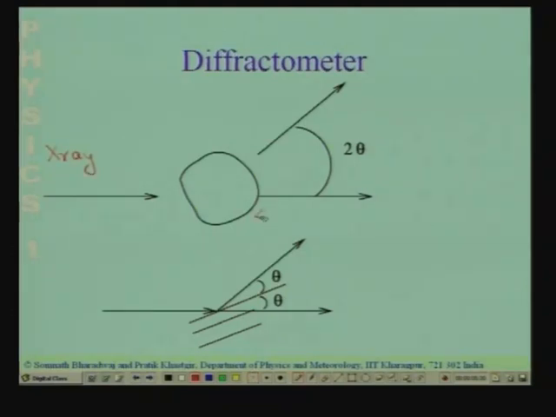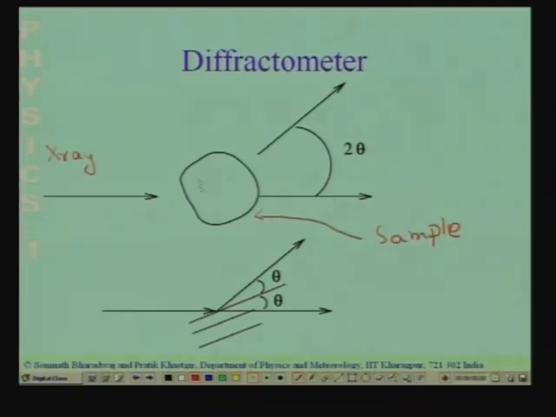So, this is my sample. The sample is a single crystal, or it could be many single crystals.